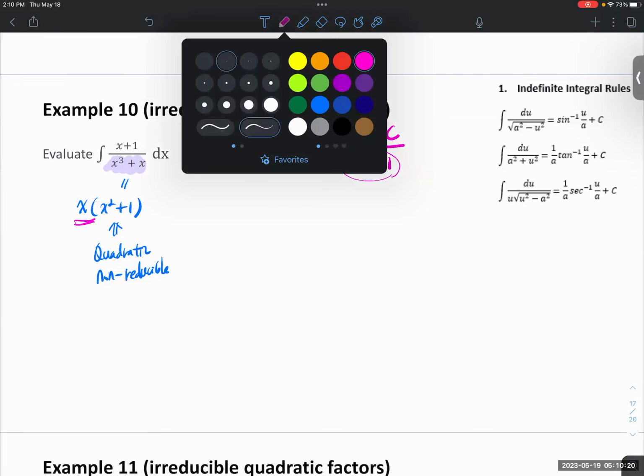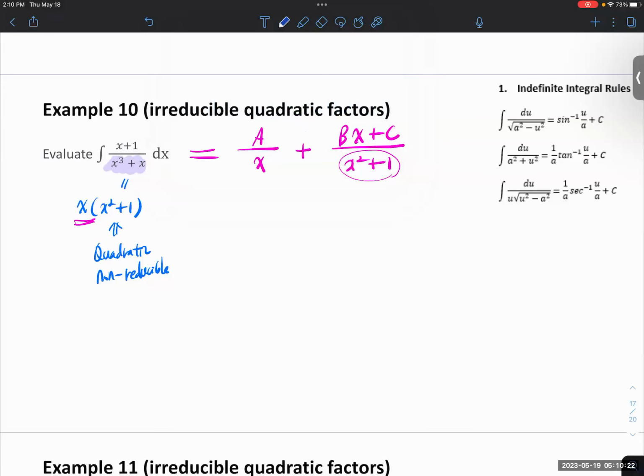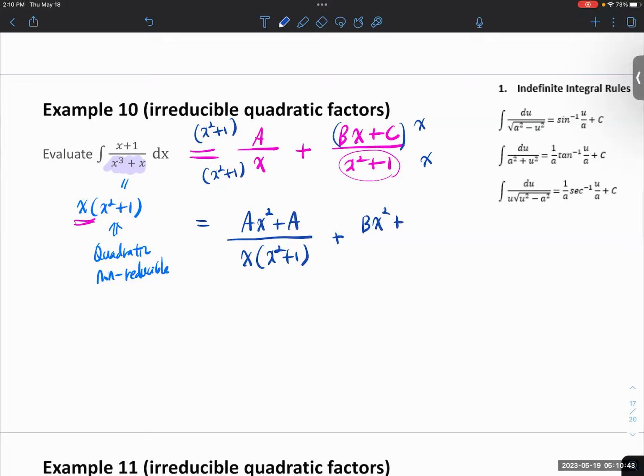Now you're going to do the work. For the first fraction, I'm going to multiply by x squared plus 1. For the second fraction, I'm multiplying by x. So this is going to be Ax squared plus A over x times x squared plus 1. For the second fraction, I'm multiplying x everywhere, so Bx squared plus Cx over x squared plus 1.